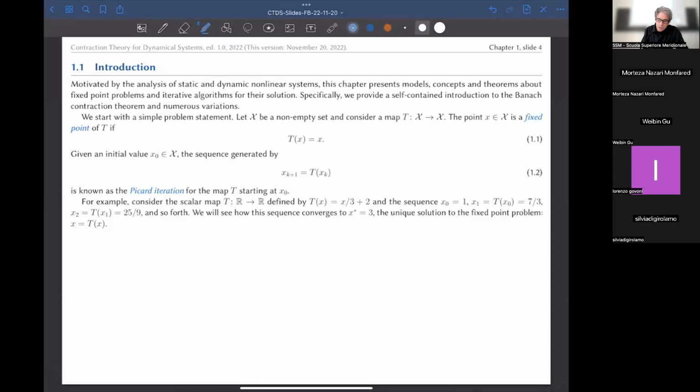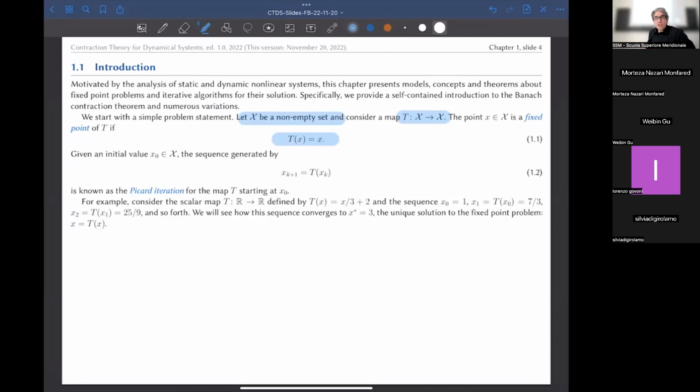So the original problem is I want to find a fixed point, a point x, such that T of x is equal to x. X is an arbitrary set. It doesn't even need to be a subset of Euclidean space, arbitrary set. And T is a map from X into X. And that's called a fixed point.